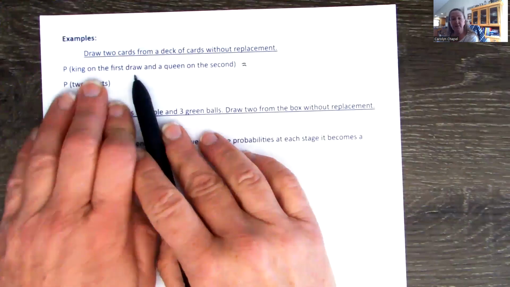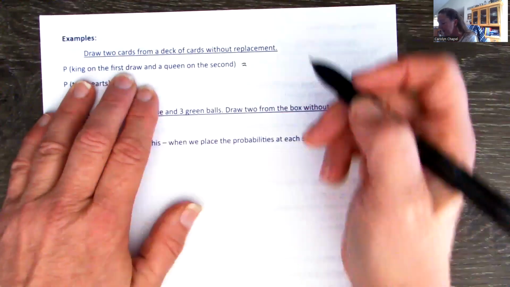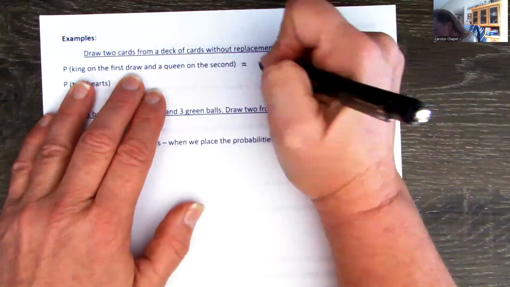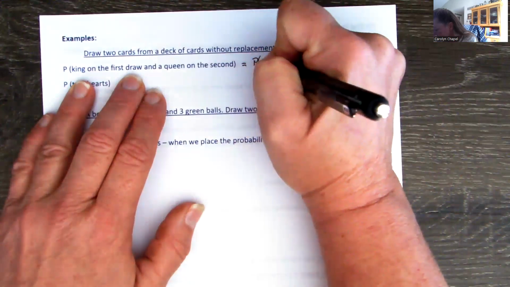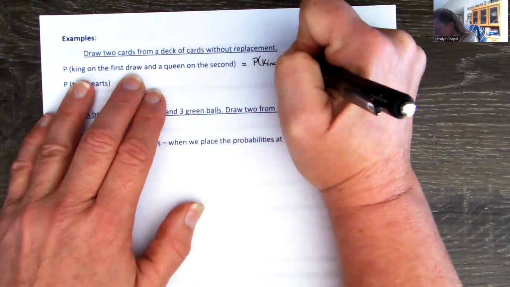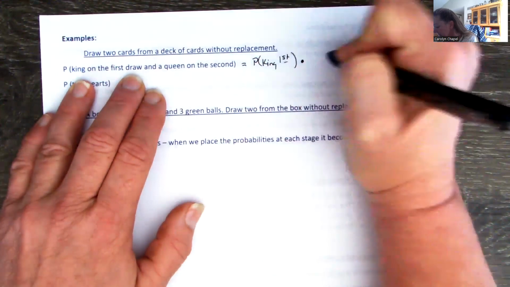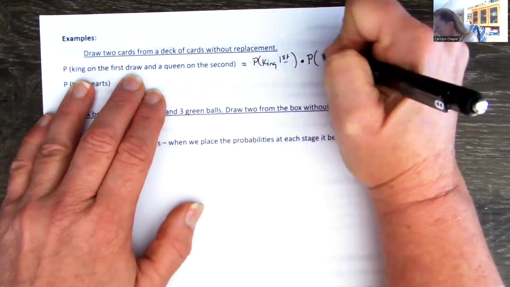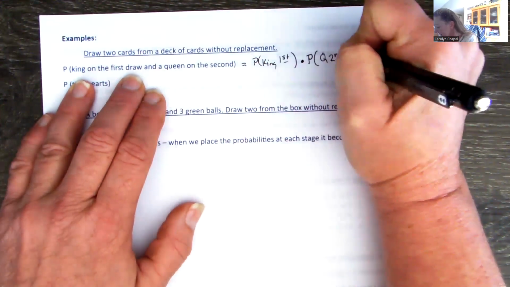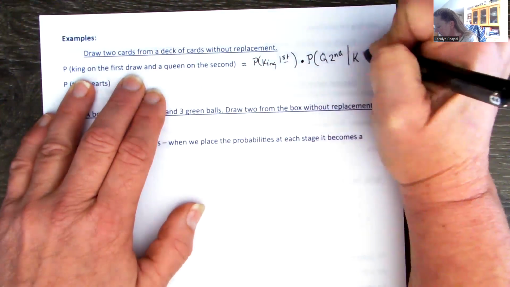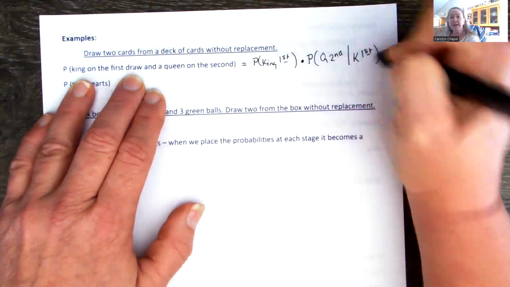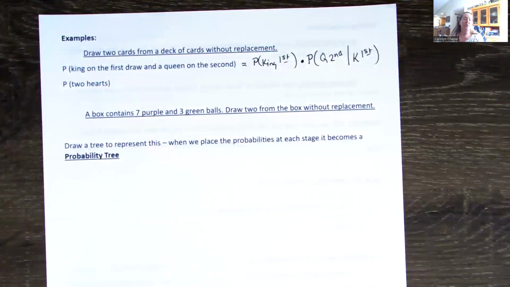So the probability of king on the first, I'll just write this out in words, and then we can multiply by the probability of queen second given king first. That's where that general rule can come into play.